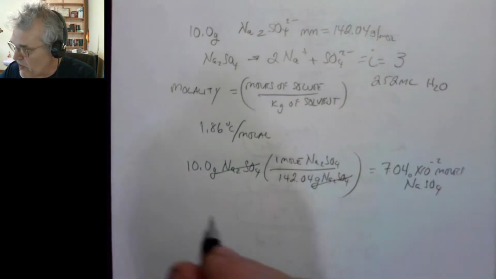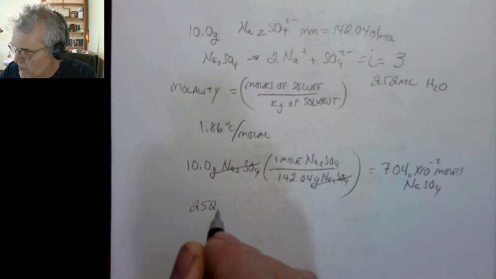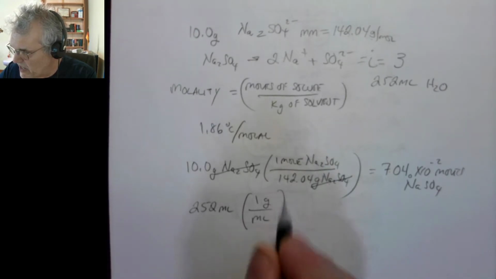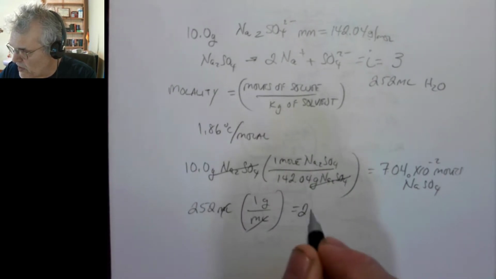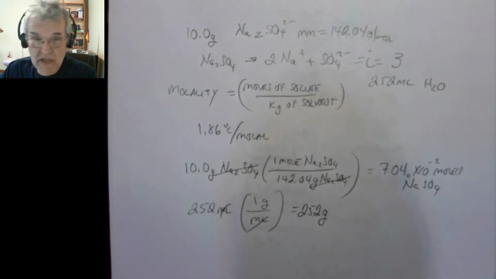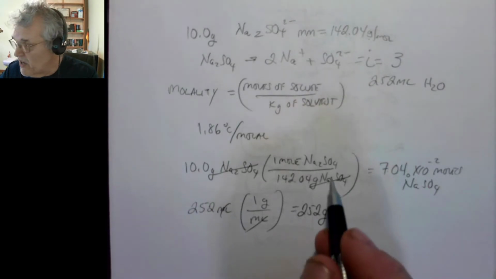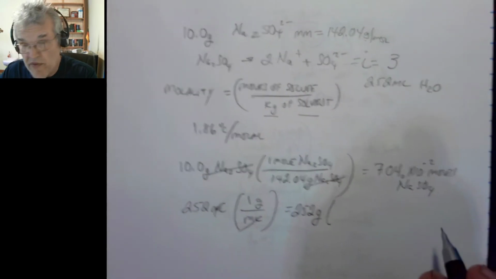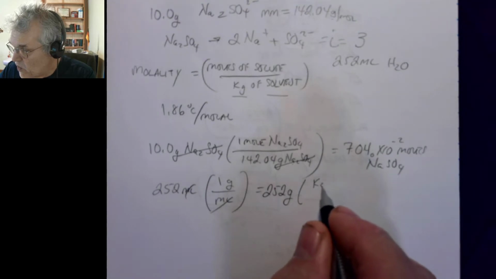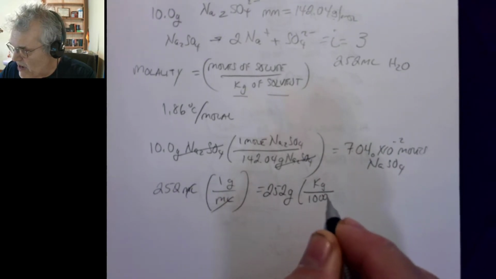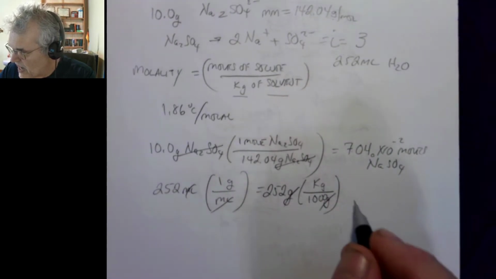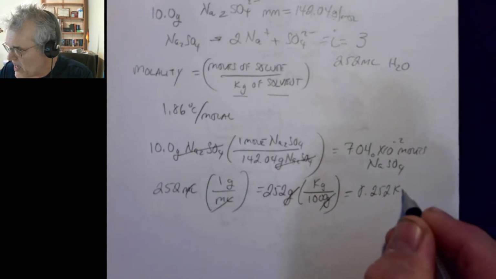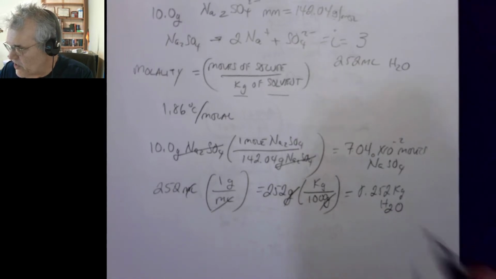So if there's 252 milliliters, and our density is 1 gram per milliliter, there must be 252 grams of water. But remember, our definition says kilograms of solvent. So we have to convert that, and we do that by putting 1 kilogram is 1,000 grams, and therefore there must be 0.252 kilograms of H2O.